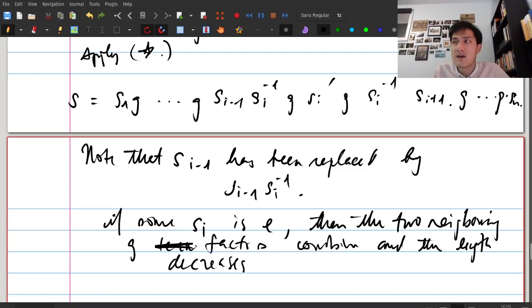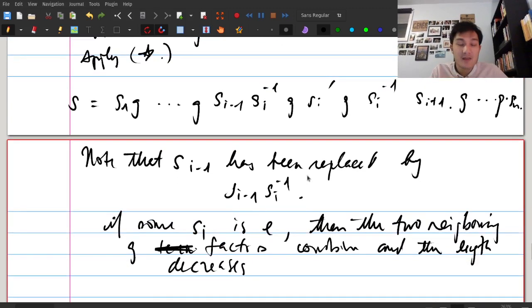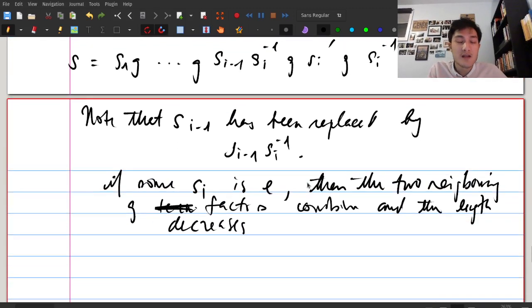In fact, it decreases by at least 1 or 2 or 3. I mean, it doesn't matter. So if SI prime, for example, was E, then G and G combine, because G squared is E. G squared is in S. And so this whole thing would be in S. And so the length actually decreases by 2. Anyway, it doesn't matter what it decreases by, but it decreases strictly.